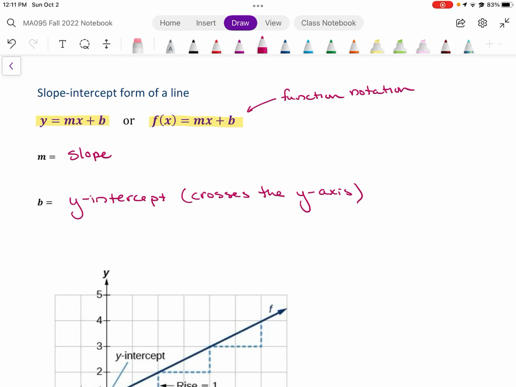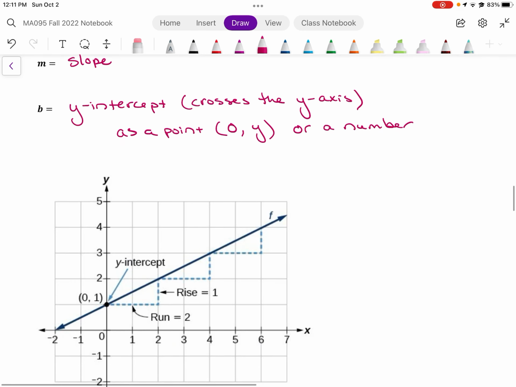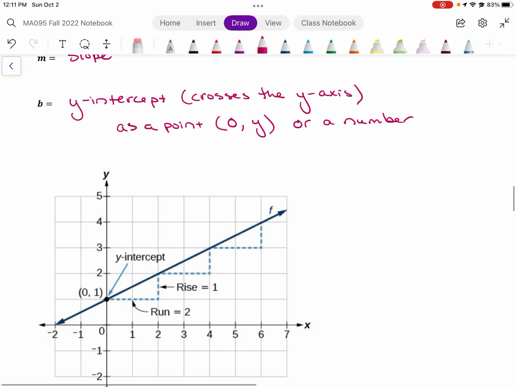Now, this can be reported as a point, which is going to be 0 and whatever the y is, or just a number. So you have to be careful and read the question carefully. There are different ways to report that. Let's think about what the equation would be for this one. We've got y equals mx plus b. So m equals and b equals. Let's find them both.